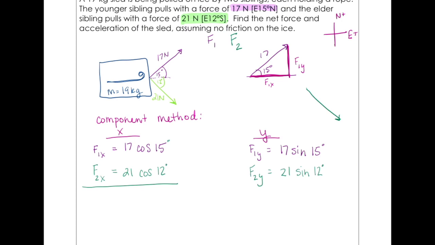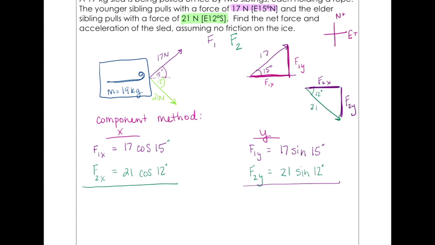So if this is my arrow, it was 21 newtons, and the angle was 12 degrees. Okay, I wanted to know this was my f2 of x, and then this was my f2 of y. Okay, so I kind of went through that pretty quickly because it's kind of a review of what we were doing before. But I did just kind of want to touch on that briefly.